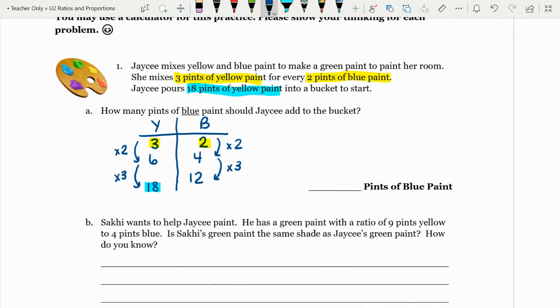And then again, we have to do it for the blue side as well, and that will get us 12 blue paint pints that she needs to add in order to keep her original ratio consistent if she uses 18 pints of yellow. So in this problem, 12 pints of blue paint is going to be our final answer.